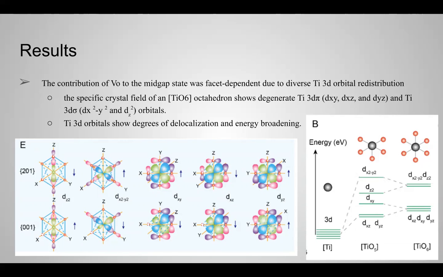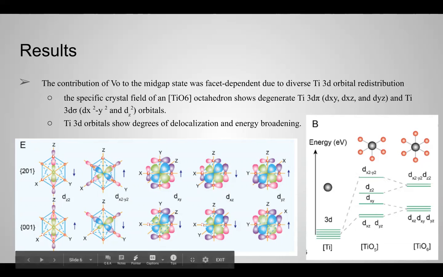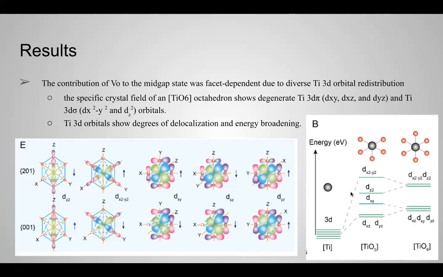The specific field of titanium oxide, octahedron, shows degeneracy of titanium 3D orbitals. The titanium D orbitals show degrees of delocalization energy. Broadening, as you can see in this illustration right here, is how they look once they got run.